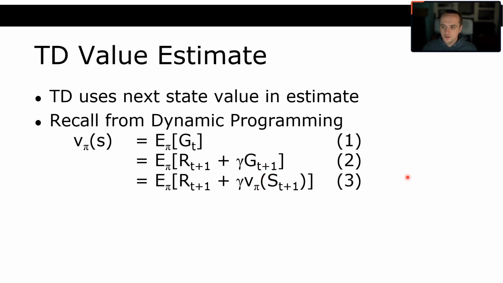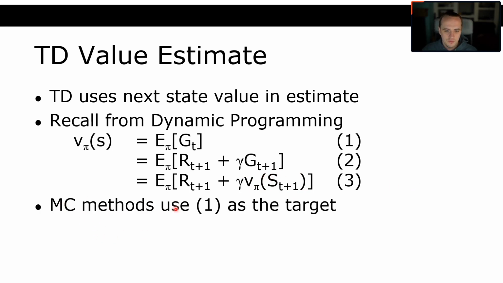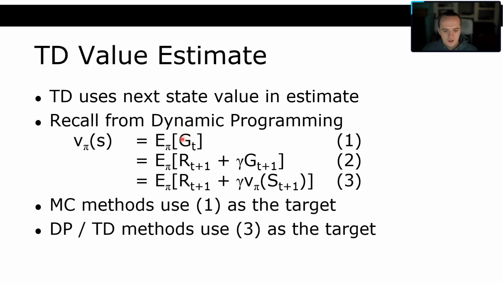And so what we're doing is Monte Carlo methods use this formula as the target. Dynamic programming and temporal difference methods use 3 as the target. But as we go to infinity, these are actually the same. As our number of time steps goes higher and higher, the expected value of the return from time t is the same as the expected value of the reward at t plus 1 plus gamma times the value at state t plus 1.